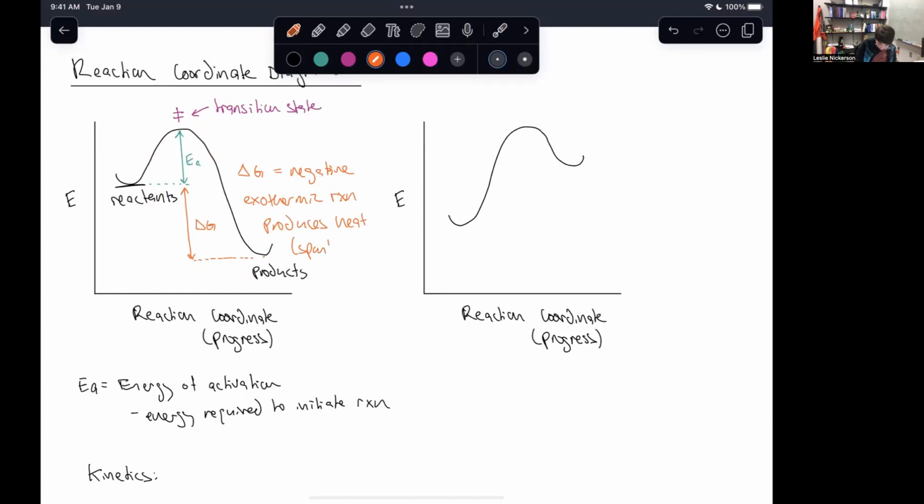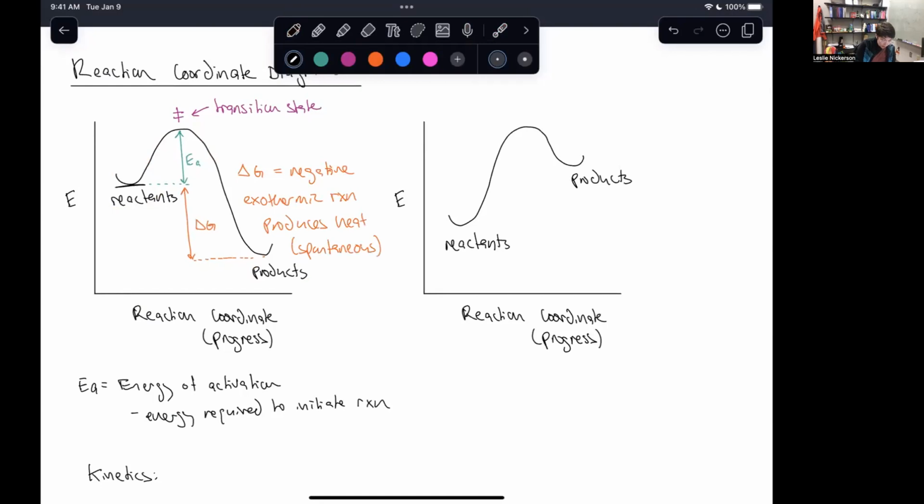You'll also hear people say spontaneous for something with a negative delta G, meaning that it just can kind of go on its own. It's going to be able to go without a lot of help. All right, so let's look at this other side. Again, we've got reactants over here on the left, and then going to products on the right.